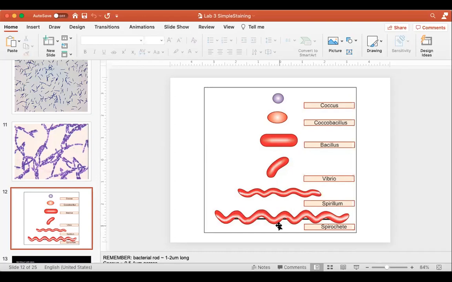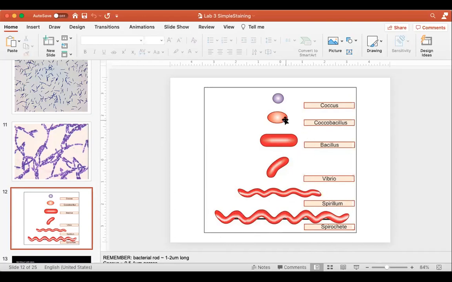And again, I talk about this in lecture, but the longer one with more twists in it is called a spirochete. And the shorter one that has fewer twists in it is called a spirillum. That's what those two terms are. So the shape of this, in other words, is spirillum. The shape of this is spirochete.